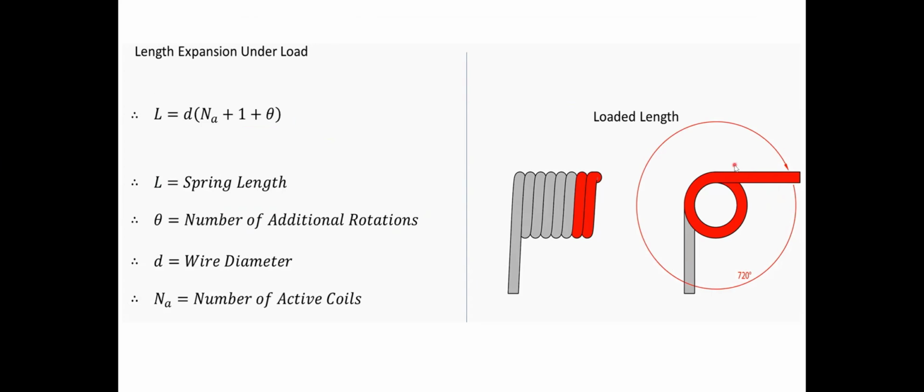If we apply the force to rotate the legs by an angle of 720 degrees, the length of extension will increase compared to the free length.